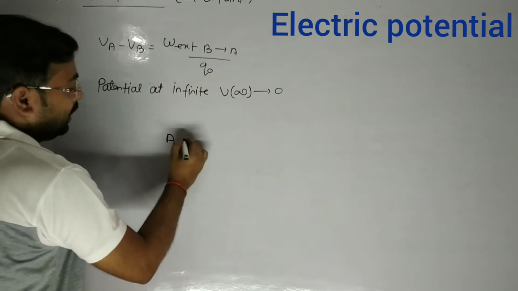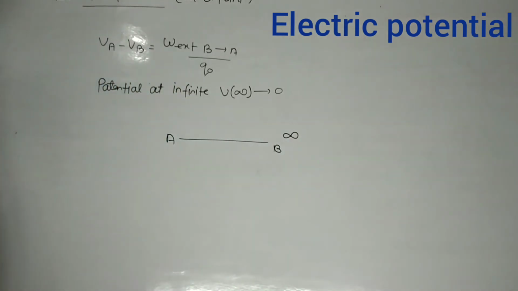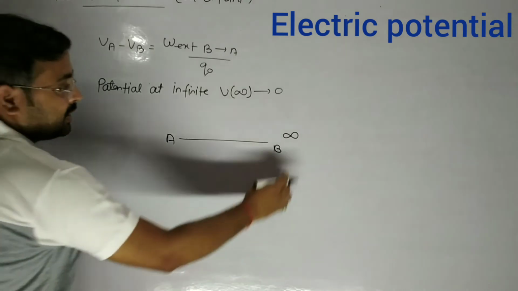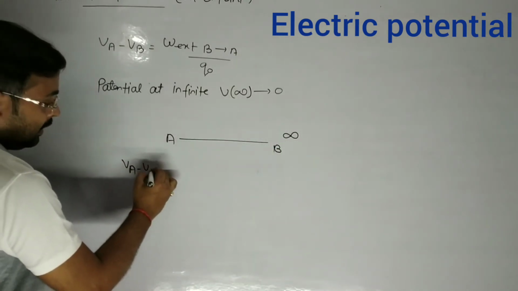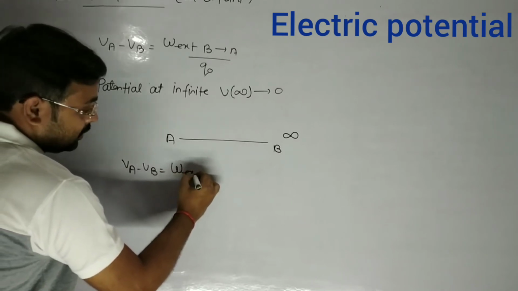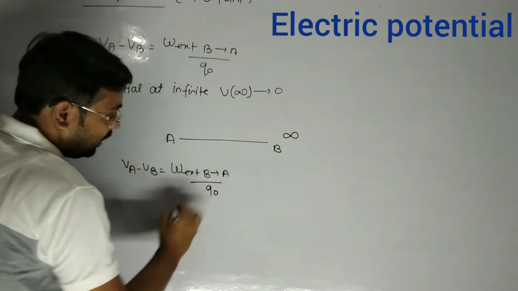Then VA, and B is the point which is placed at infinity. It means VA minus VB equals W external B to A upon Q naught.